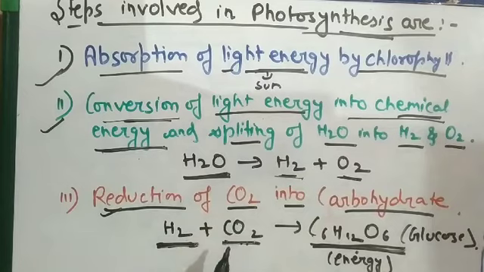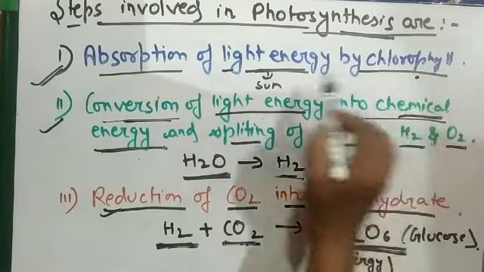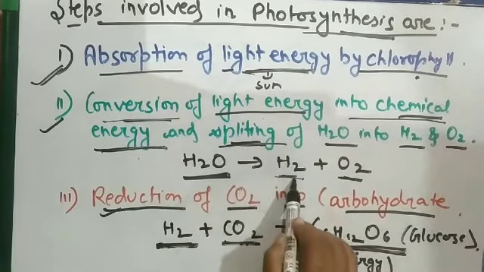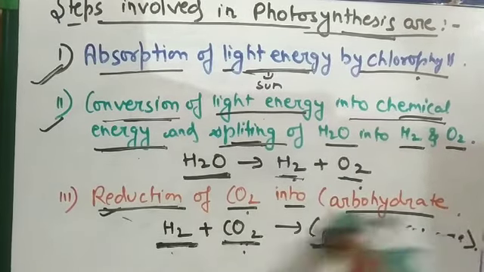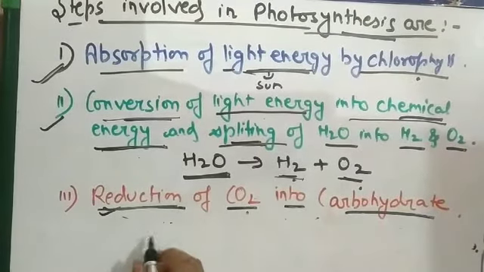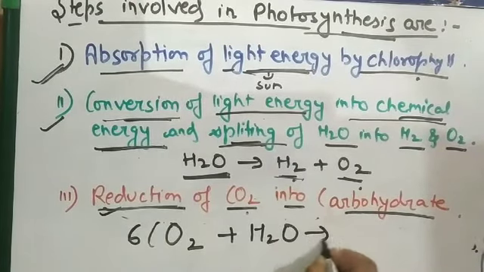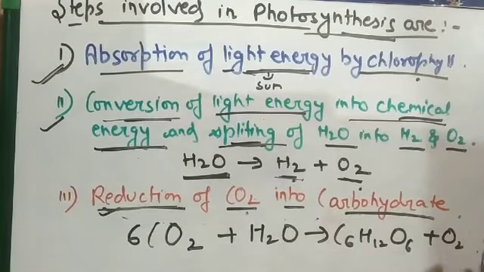So what are the three steps involved in photosynthesis? The first one, absorption of the light energy by the chlorophyll molecule, so that this light energy can split the water molecule into hydrogen and oxygen. Later on, the hydrogen binds with this carbon dioxide to form the glucose molecule, and hence the reduction of the carbon dioxide occurs. So the process of photosynthesis is that carbon dioxide joins with the water molecule to form the carbohydrate, and the oxygen is released.